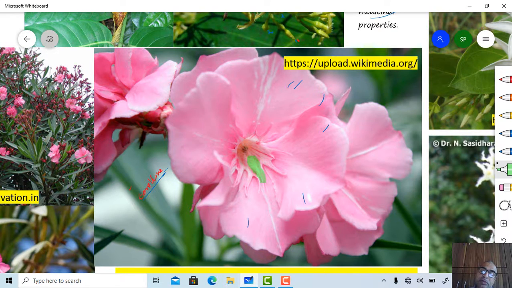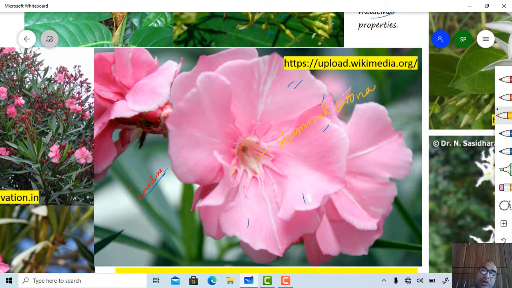Just see here, this is an appendage present over the stamens. These appendages which are present here are called a staminal corona in the case of the Nerium plant.